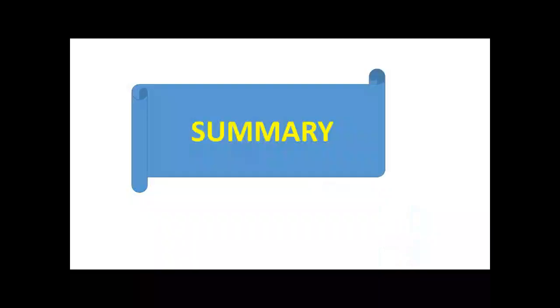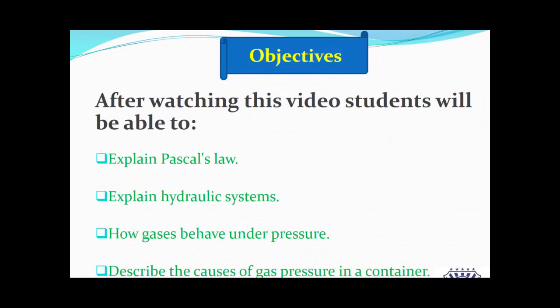Let's summarize our video. In this video we learned about liquid pressure in a closed container, and then we talked about Pascal's law, because Pascal explained this concept. Moving on to the applications of Pascal's law, we studied the jack system, how the jack system works, and the parts of a jack system, and then we talked about brake systems, how the brake system works.